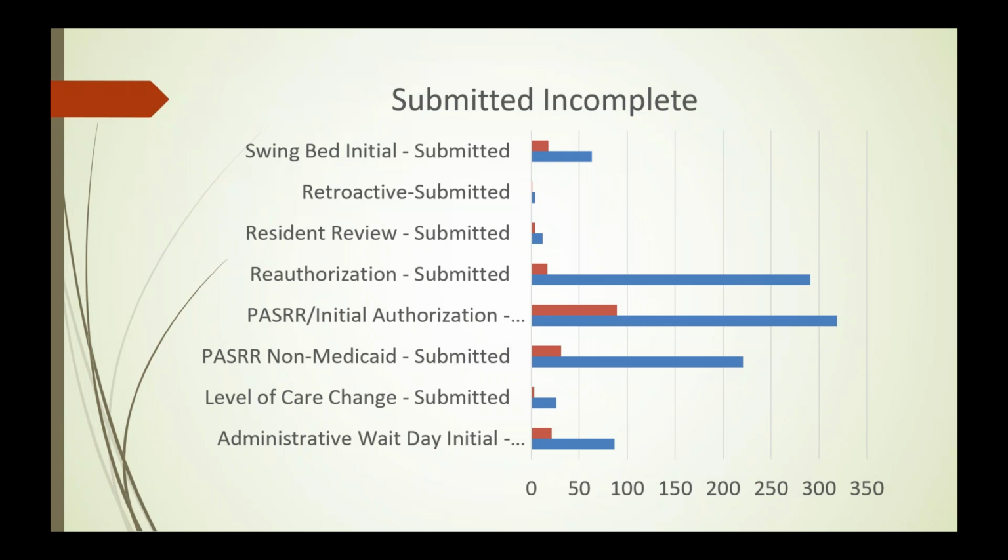And so we're sending those back to facilities for corrections. Whether we receive the authorizations via email or via Harmony, we are working to better track these and to look specifically at what are the common reasons for returning these submissions.